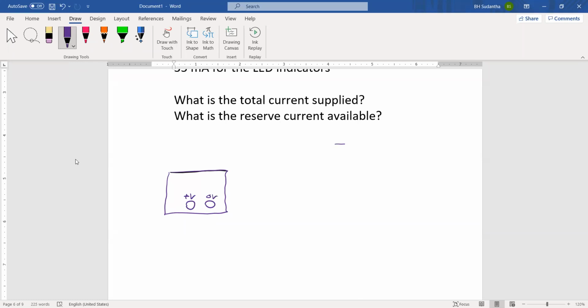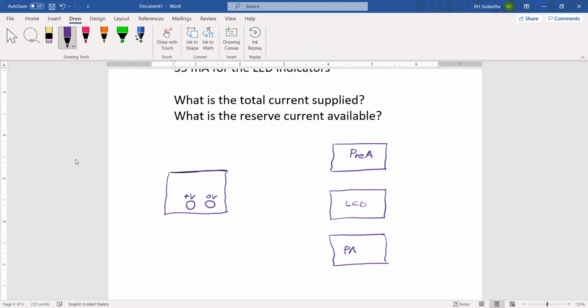And we have four different sub-circuits. First one is preamplifier, preamp. Second one, LCD. Third one, power amplifier, and some LEDs.